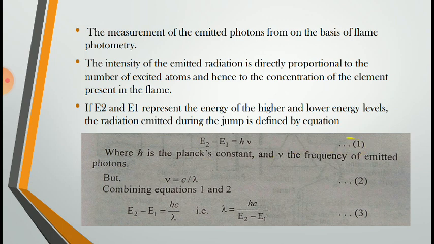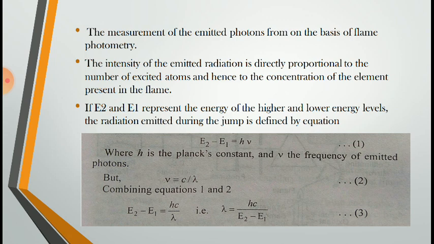In the above equation number 1, h is Planck's constant and nu is the frequency of emitted photons, but nu is equal to c upon lambda. This equation we already know. That is equation number 2.